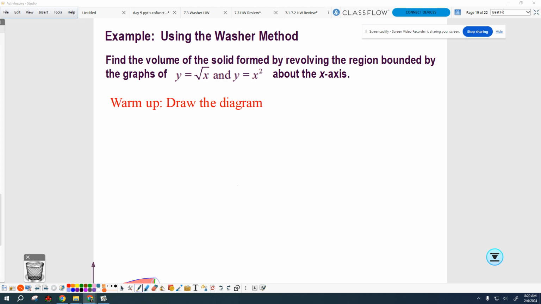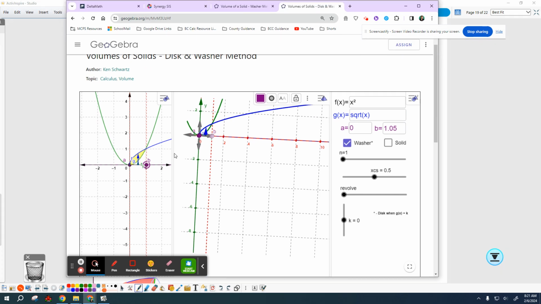So we have x squared and square root of x, right? All right, struggling with the app here. But you guys should know what the graph looks like, right?